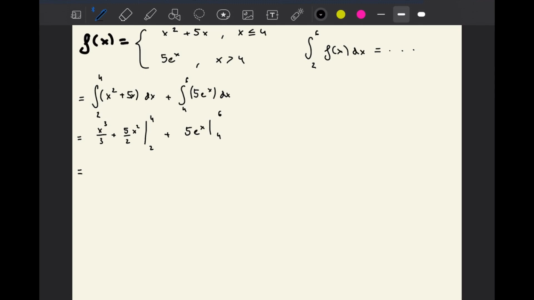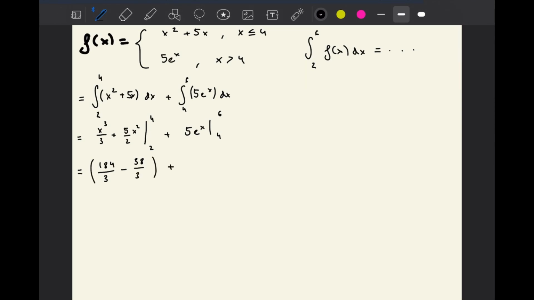And as a fraction, that's going to give us 184 over 3. And now we repeat that same process, but with a 2. So we're going to have 2 cubed over 3 plus 5 over 2 times 2 squared. So we're going to have minus 38 over 3.